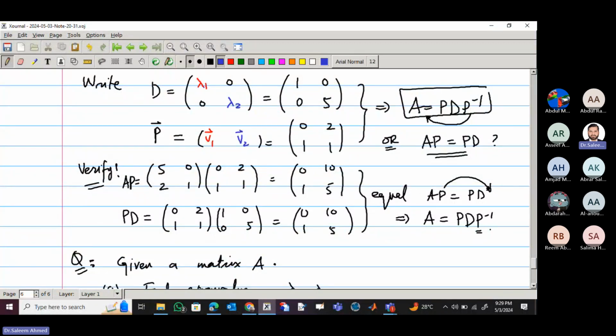If you change, it's your choice. You can write lambda 2 first. But if you write lambda 2 first and lambda 1 secondly in D, then in P also write V2 first and V1 secondly. Then it's still fine, no problem. Whatever eigenvalue you are writing first, write the eigenvector for that eigenvalue first, and so on.